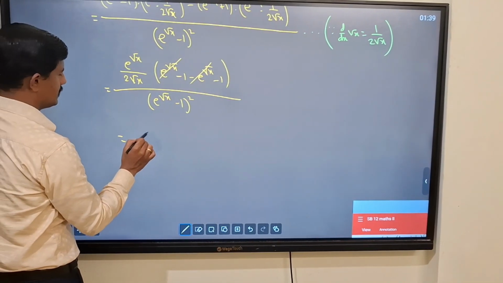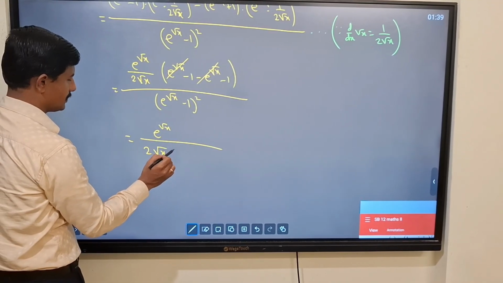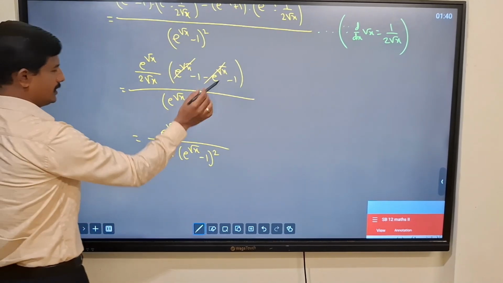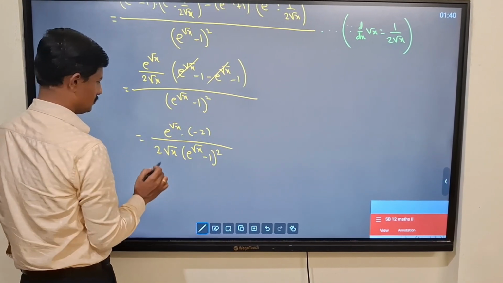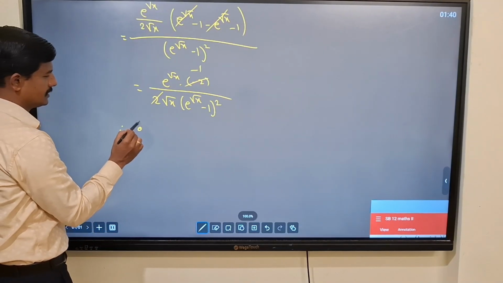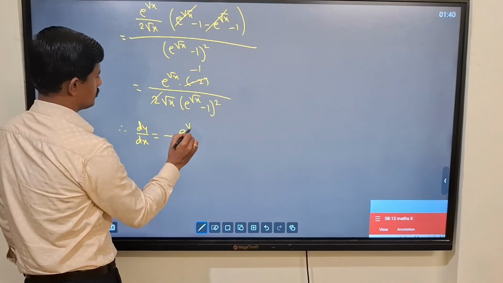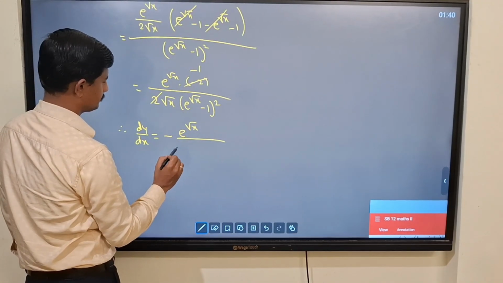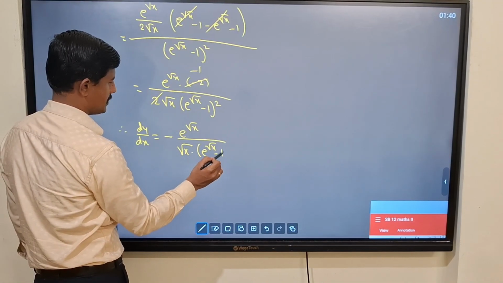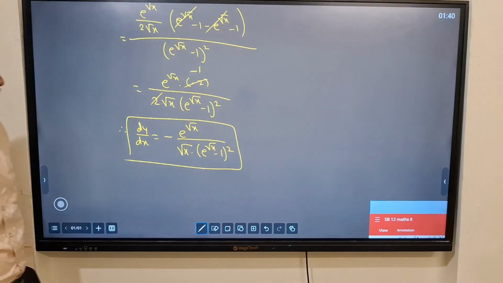So here I will write down e raised to root x upon 2 root x into e raised to root x minus 1 whole square, minus 2 by 2, so this becomes minus 1. So the final answer is dy by dx is equal to minus e raised to root x upon root x into e raised to root x minus 1 whole square. Okay.